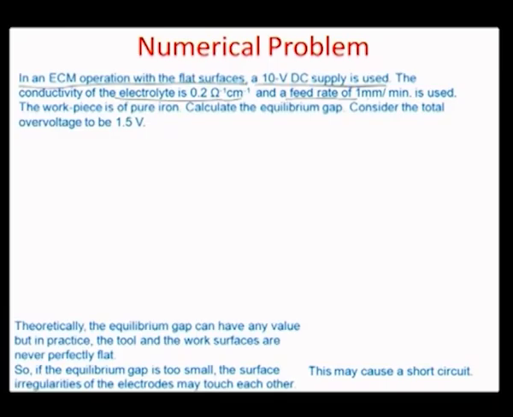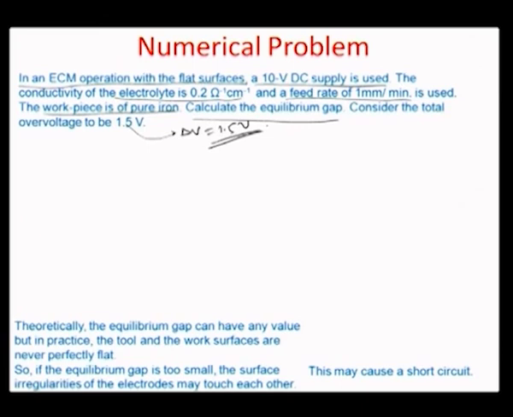The feed rate of 1 mm per minute is used, and the workpiece is pure iron, meaning that the surface to be machined is that of iron. So, all the parameters related to the electrochemistry of iron need to be known here, and you want to calculate the equilibrium gap, and you consider that the total delta V, the over voltage, which also has to be taken into the design voltage, is 1.5 volts.